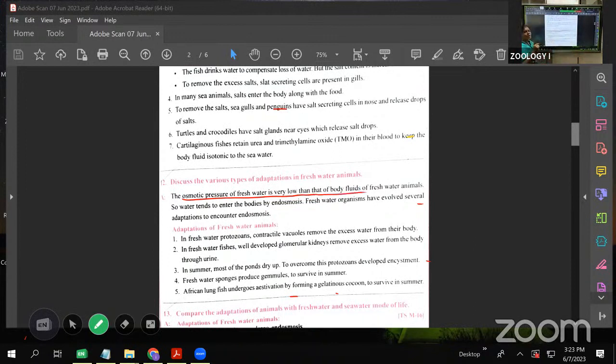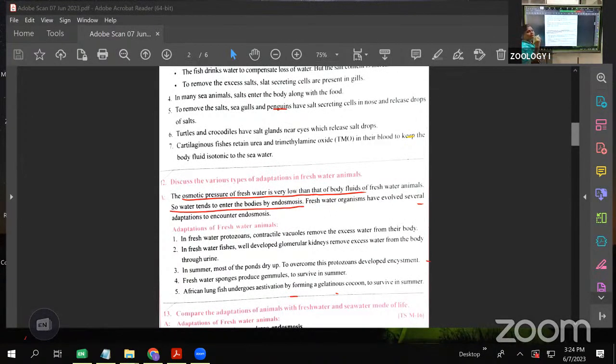Before, the body fluids had less salt concentration and the outside had more. But here, the body fluids have more salt concentration and the outside is less. Clear? So water tends to enter the body by endosmosis.